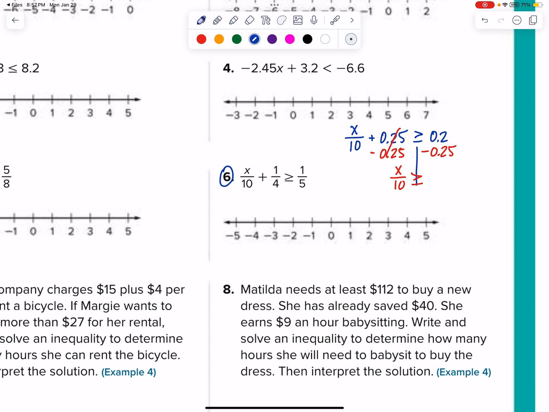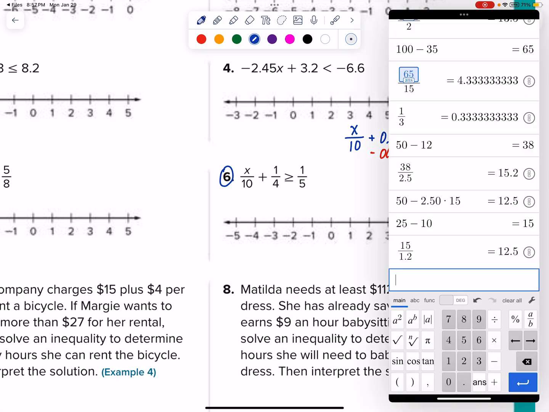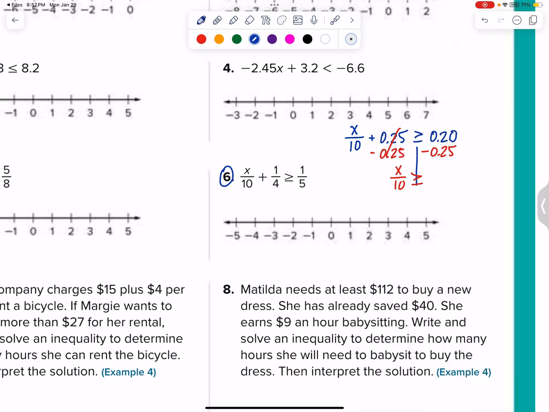If you add a 0 here as a placeholder, you can see 0.25 is going to be our bigger number, even though it's a negative. So different signs, subtract. 0.25 minus 0.2 gives 0.05, and it's negative 0.05.